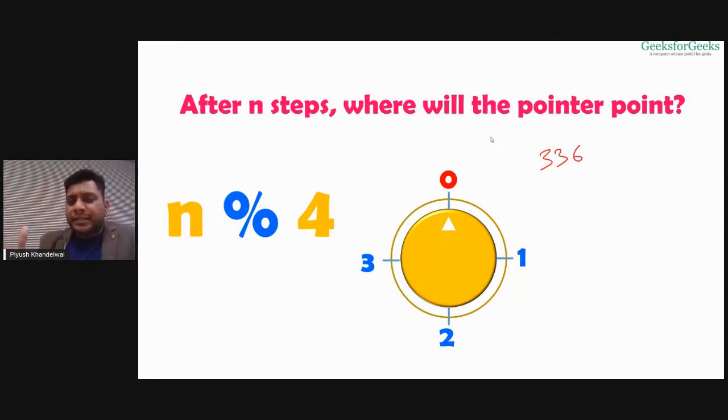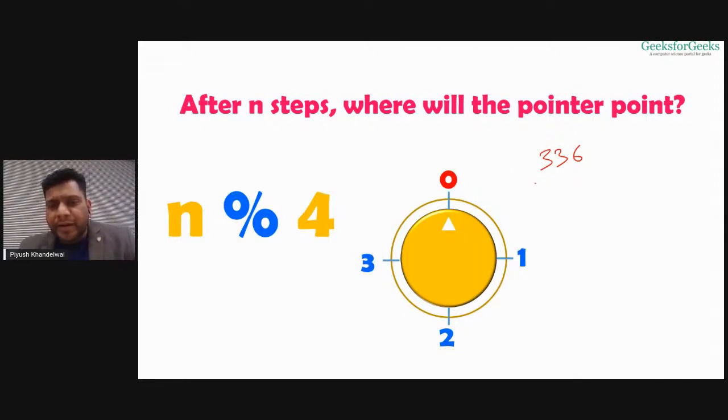So in 336 turns it will move many times through 0, and on the multiples of 4 it will be pointing to 0. Suppose we take the lowest multiple before 336.